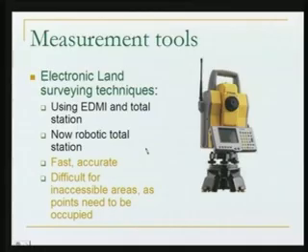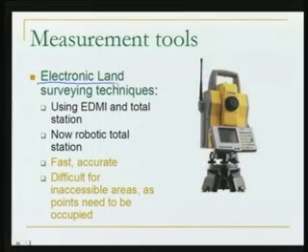The other methods came in the same form of land surveying, but with the development of electronics. People converted these instruments, which were conventional mechanical instruments earlier, into electronic instruments. As it is written here, we now have methods which mostly rely on instruments that make use of electronics.